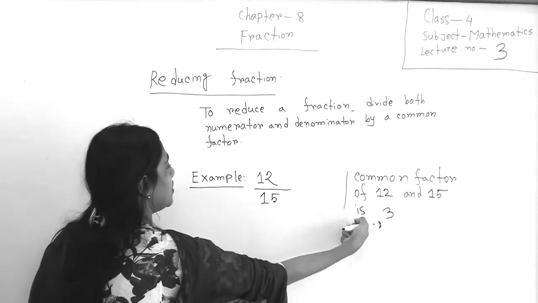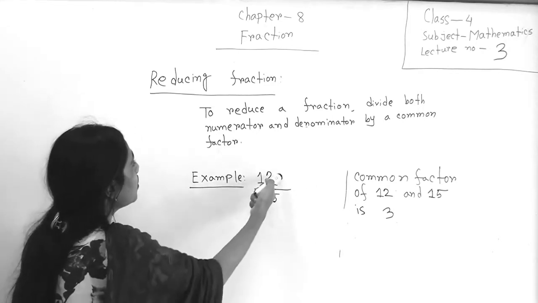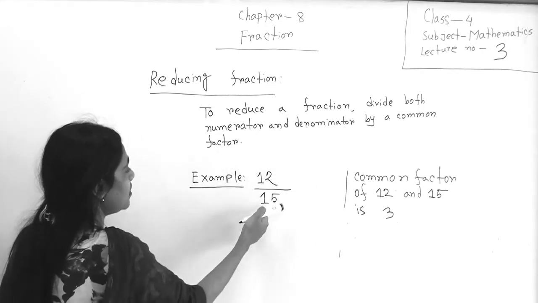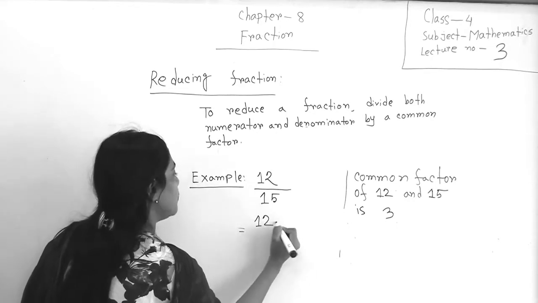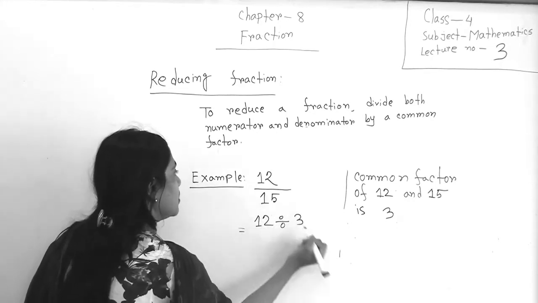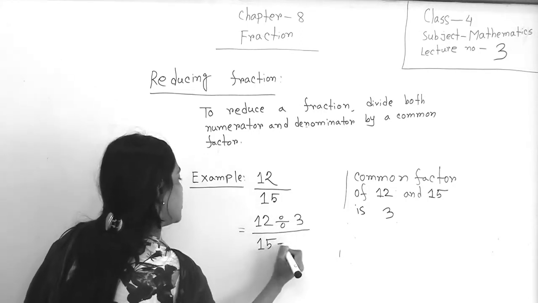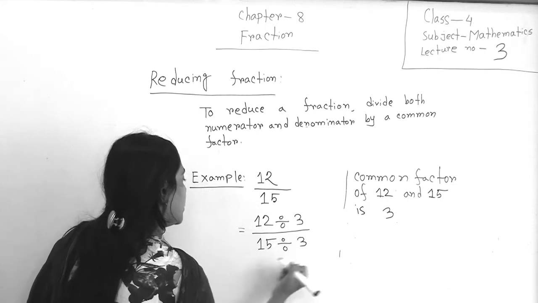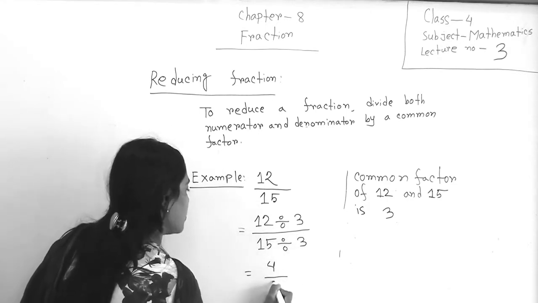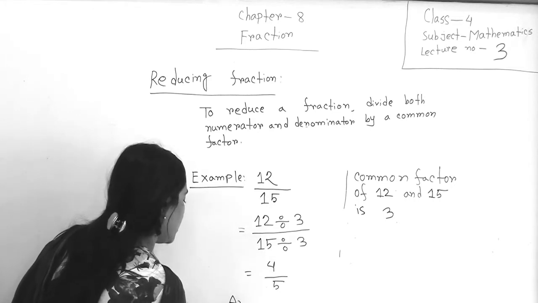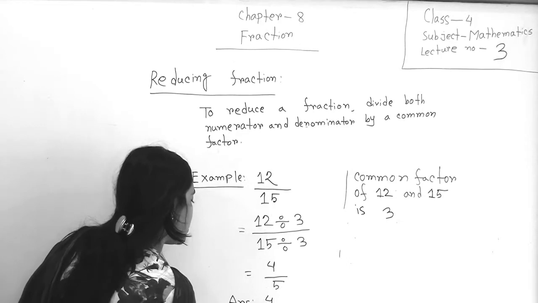So 3 is dividing by the both numerator and denominator. So I can write 12 divided by 3, 15 divided by 3, get result 4 divided by 5, and here answer is 4 divided by 5.